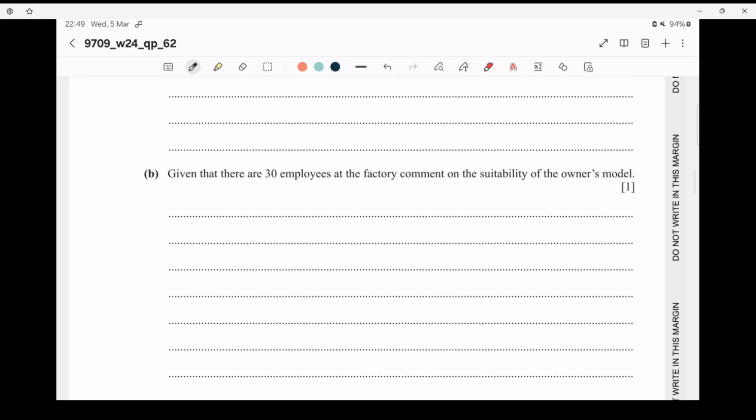So given that there are 30 employees, comment on the suitability of the model. It will be not suitable because not all employees are tested.